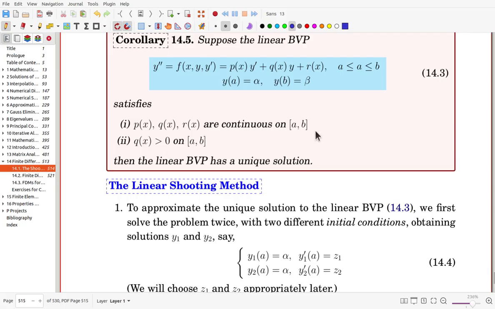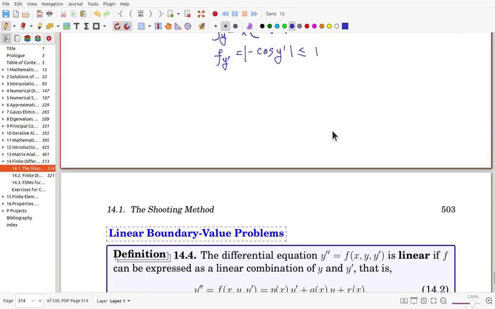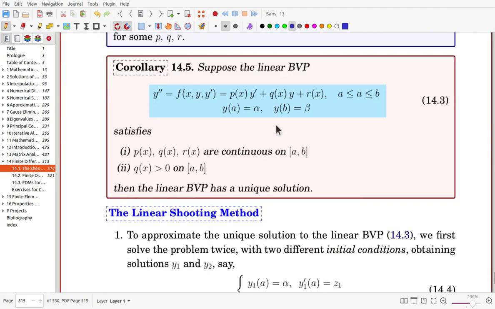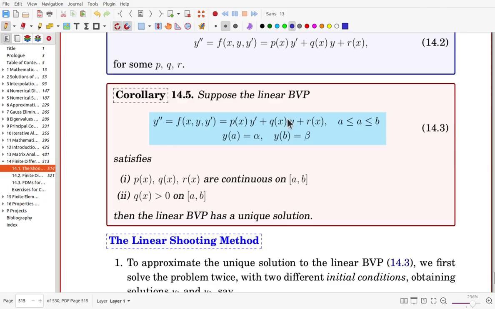And the final condition, the y' derivative must be bounded. Okay. Now for that one, here f sub y' must be p of x. p is continuous on the closed interval.